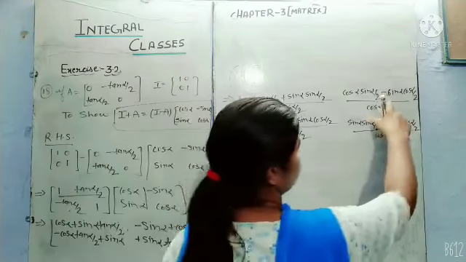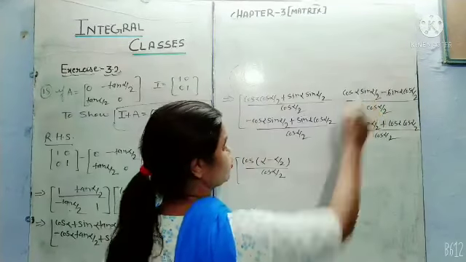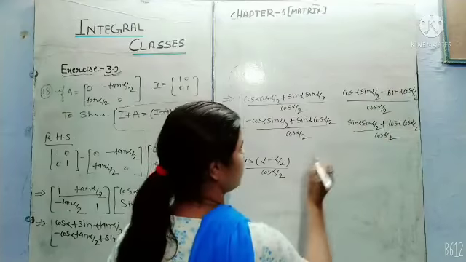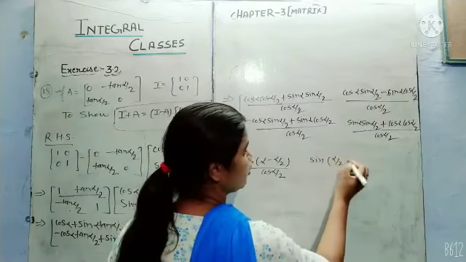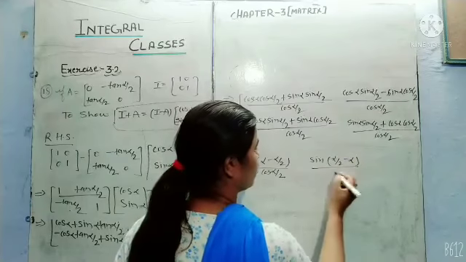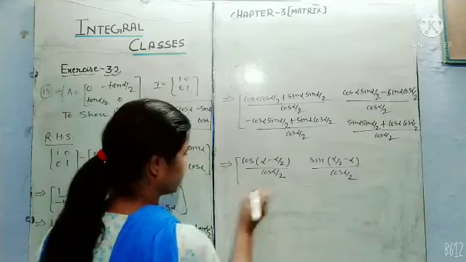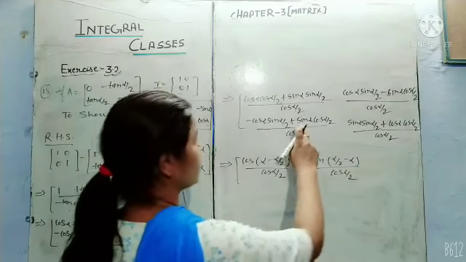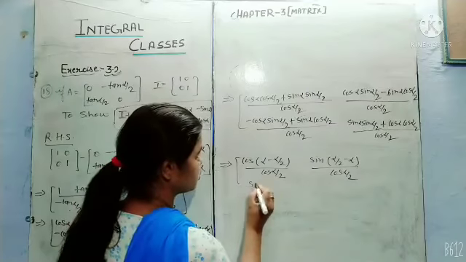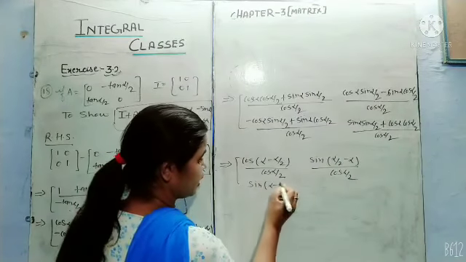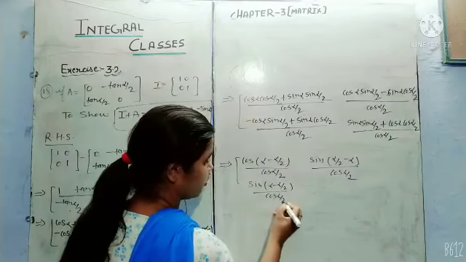Similarly this formula is sin A cos B minus cos A sin B, so sin(A minus B) upon cos(alpha/2). Here also sin A cos B minus cos A sin B, so sin(alpha minus alpha/2) upon cos(alpha/2).